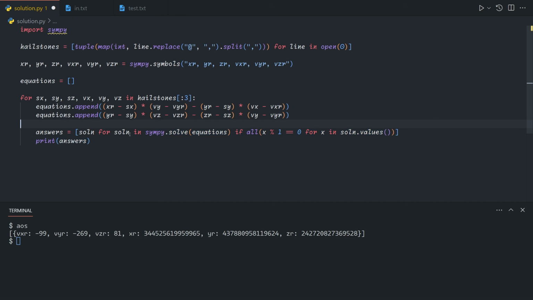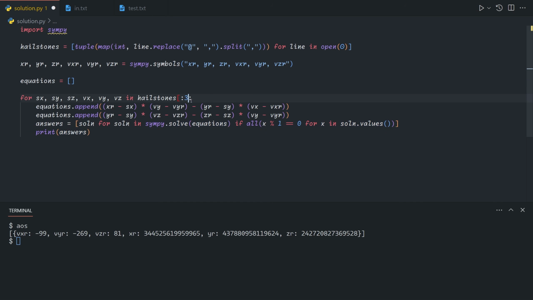But just in case this isn't always true, what we can do is, if the length of the answers is exactly equal to 1, then we can break.